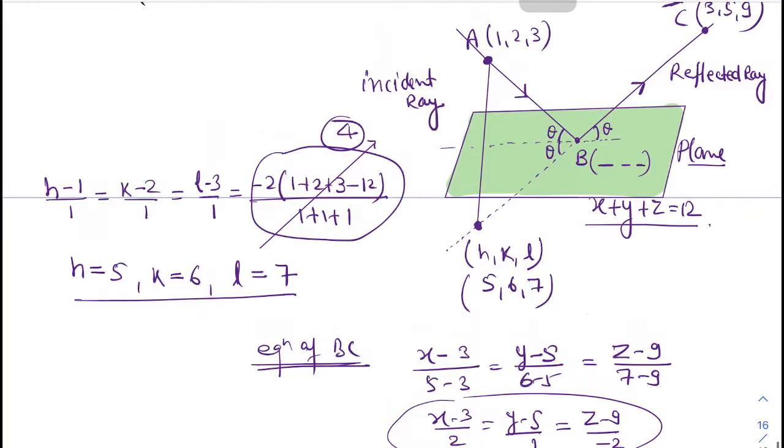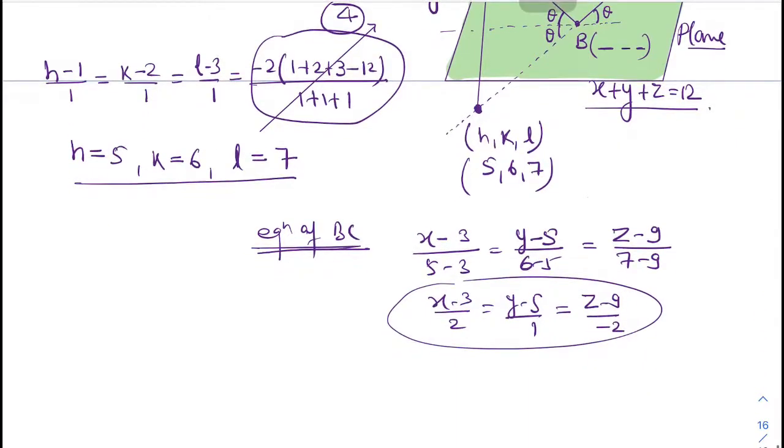What are the coordinates of B? We just need to solve this line with the plane. Let this ratio be equal to lambda. B is some point on the line BC, so it will be of the form (2 lambda plus 3, lambda plus 5, 9 minus 2 lambda).